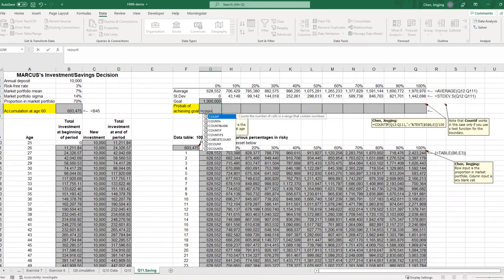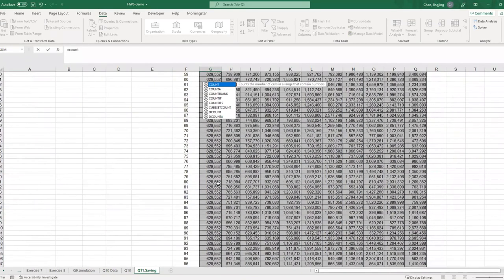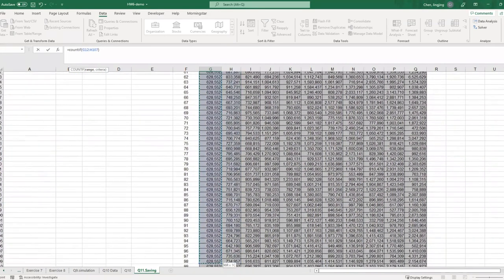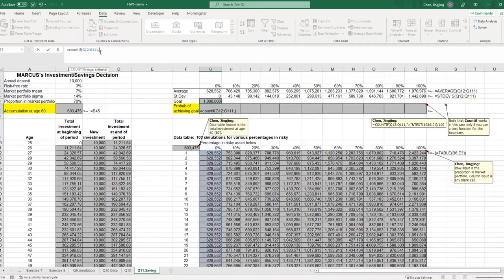So we will need to count the number of times that we have simulated numbers for the final accumulation of savings above the goal. Use the COUNTIF function to see how many times the array going down is greater than the goal, divided by the number of experiments that we have.